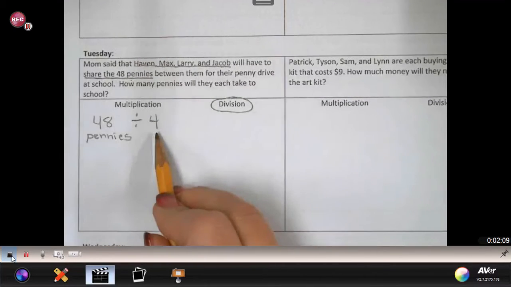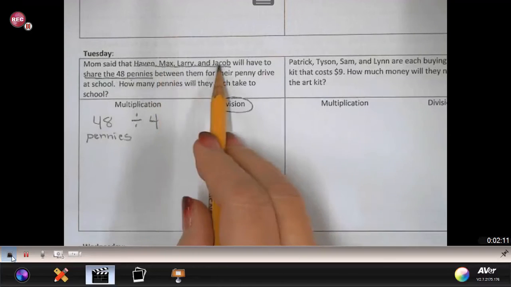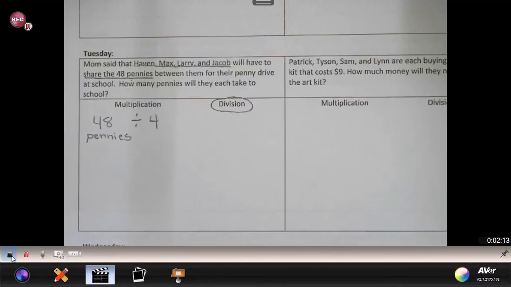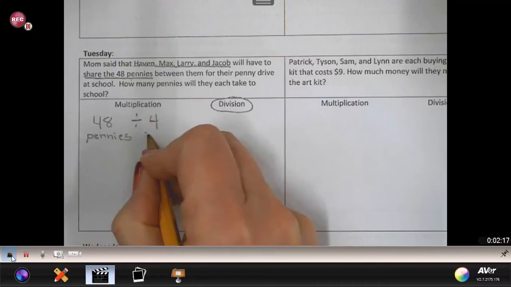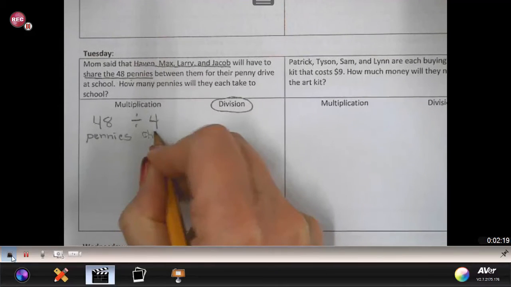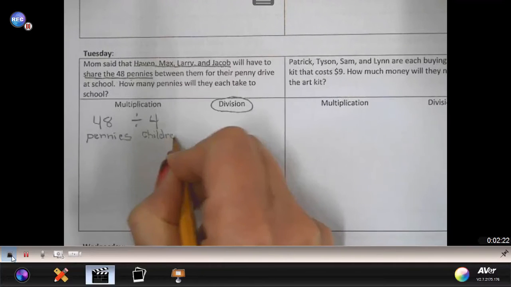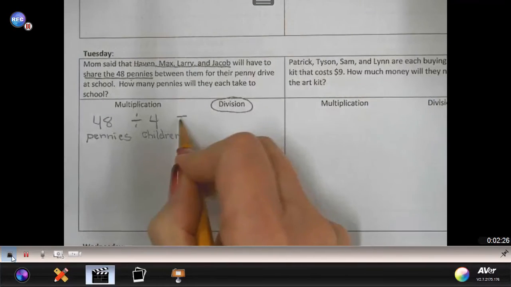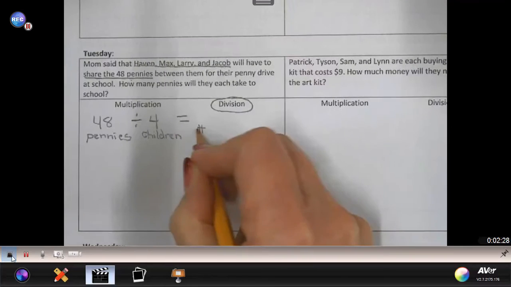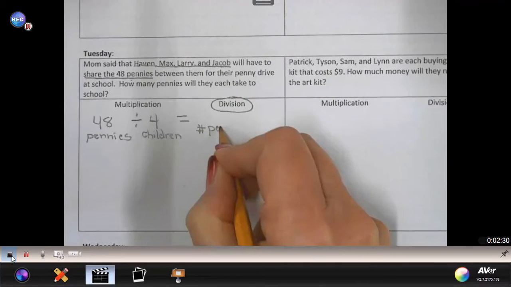And we have 4 groups because we have 4 children that are sharing these pennies for their penny drive. So we could either say students or children. I'll let you make a decision how you want to label that. And we want to know the number of pennies each one of them is going to get.